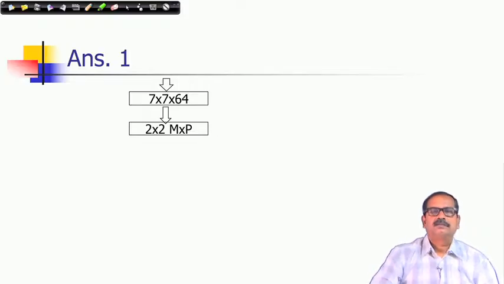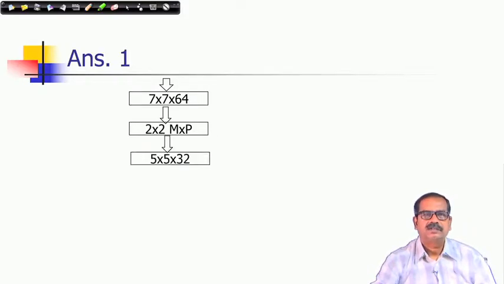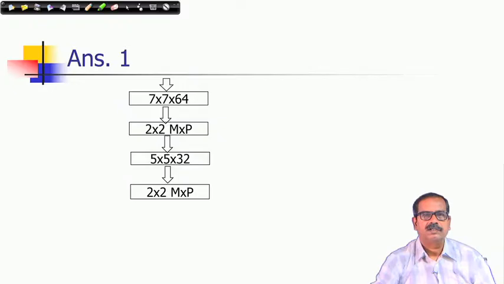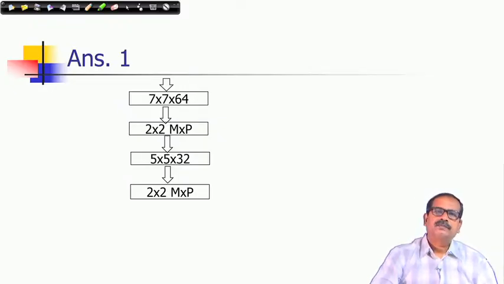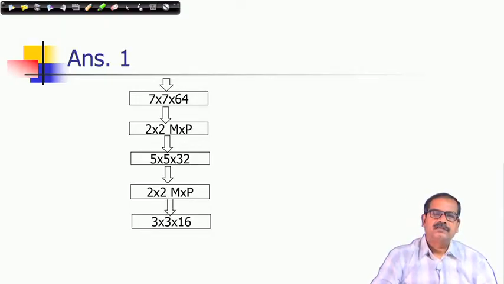Then it is followed by a max pool layer of 2 cross 2 and stride 2, and then again the output from the max pool layer is fed to another convolutional layer whose filter size is 5 cross 5 cross 32, because there are 32 channels output from that convolutional layer, and then again it is followed by a max pool layer of 2 cross 2 size.